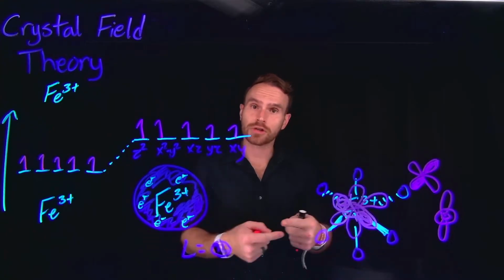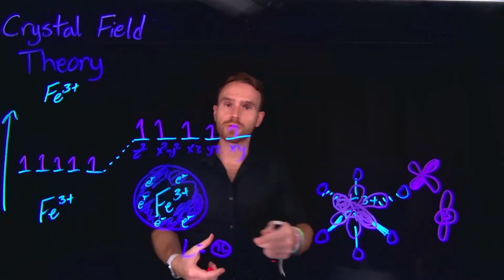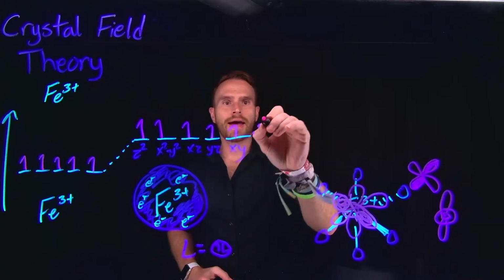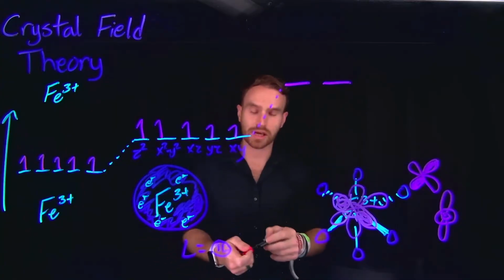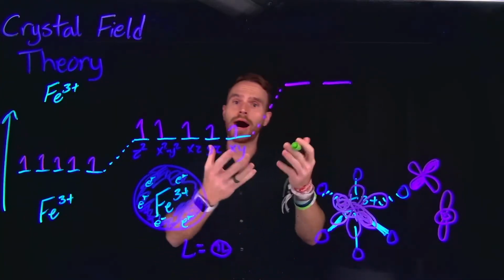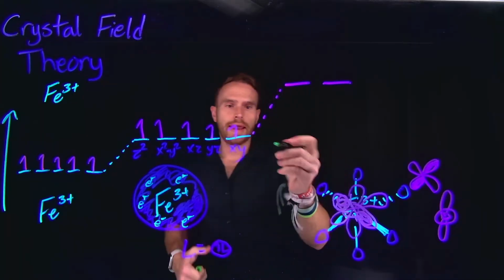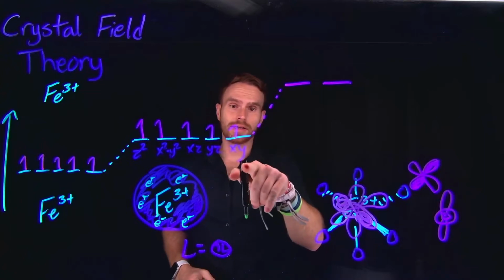So since electrons repel each other, that is going to push those 2 orbitals up in energy. And when that happens, we get these 2 brand new orbitals that have been pushed up in energy that now reside a little higher.